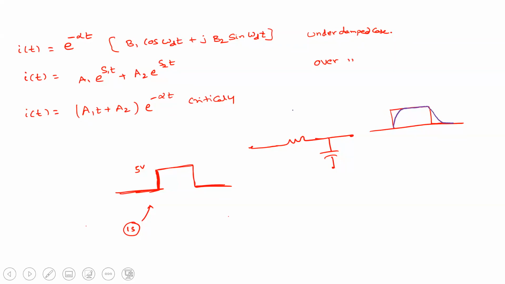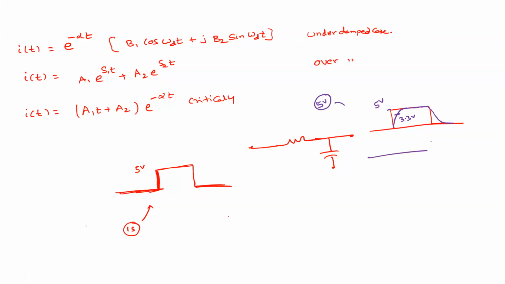For example, in integrated circuits, if you have studied AND gate, NOT gate, and completed the digital electronics course, different gate circuits usually operate at 5 volts, but they start operating from around 3.3 volts onwards.